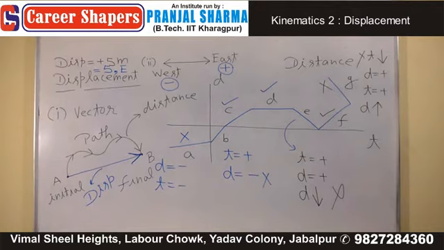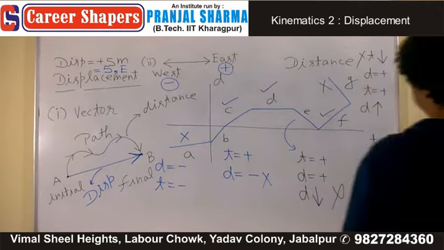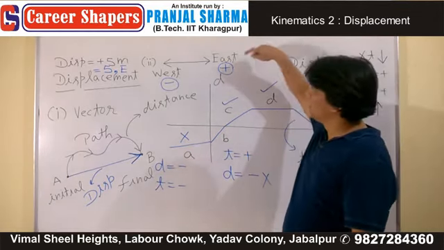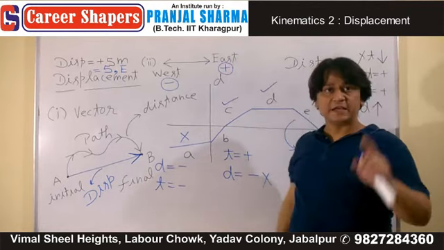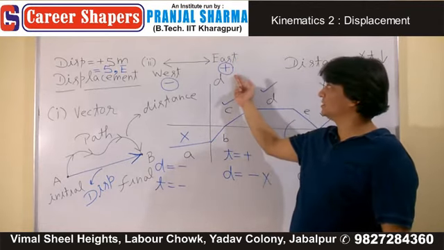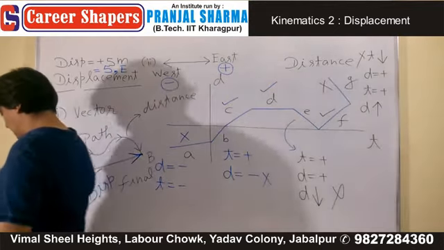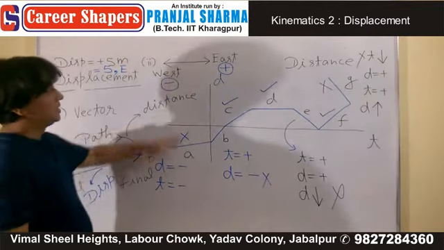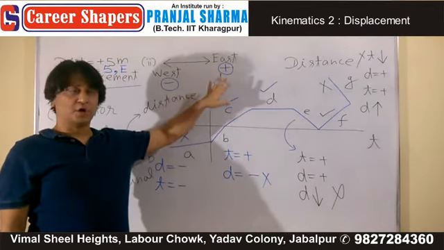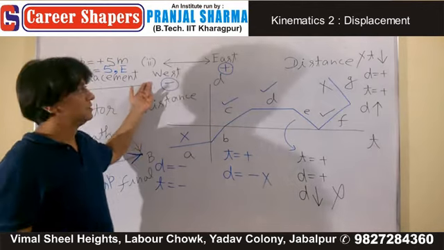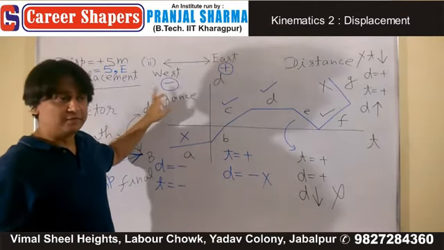Positive and negative signs for a vector provide information on direction. That is, if east represents positive, then west is negative.